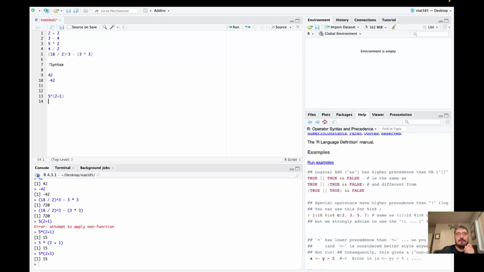Then there are also two other binary operators that you may not be familiar with, but are often used in programming. I've used them before in functions that I have written to do statistical tasks. So this would be modular arithmetic. The idea is that you're seeing how many times 5 goes into 7 and then pulling out the remainder.